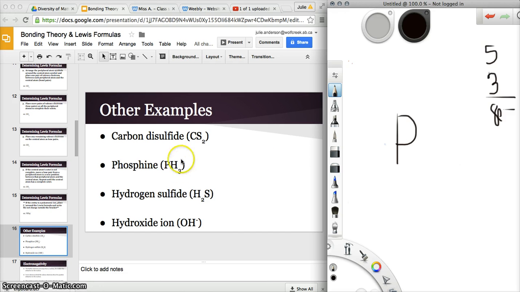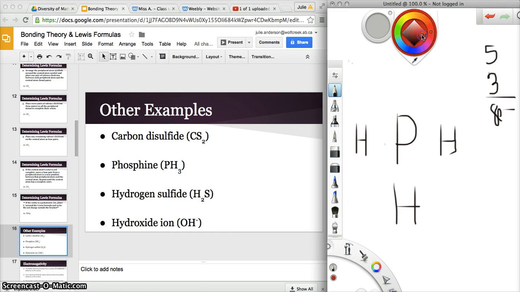Now, notice that phosphine is not a polyatomic ion, so there is no net charge, so we can simply place our hydrogen atoms around our phosphorus, to make phosphine, just like so. All right, so I have 8 electrons to deal with.